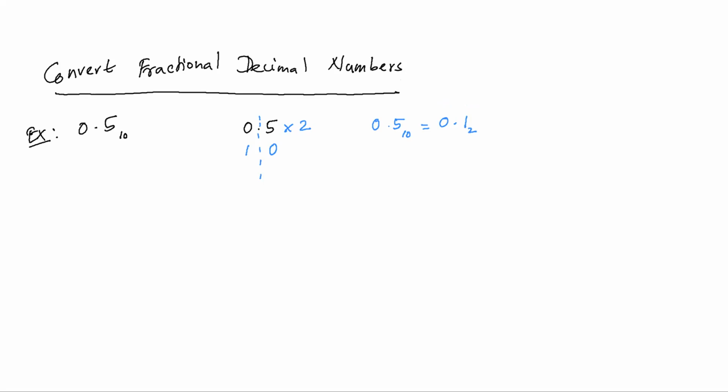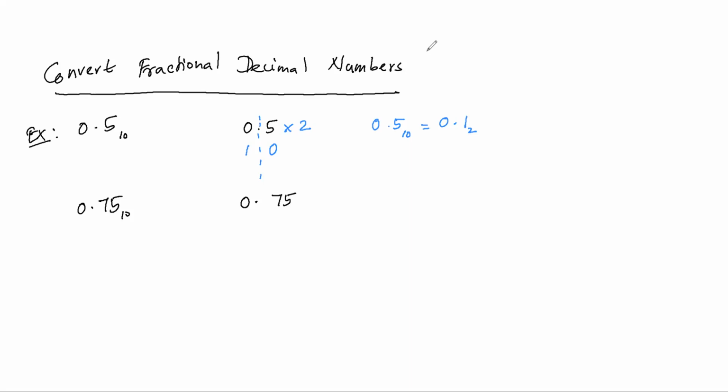Yes. Let's try one more example. Let me say this time I want to convert 0.75. Nimesha, can you tell me how we are going to multiply 0.75? So first of all, you put 0.75.